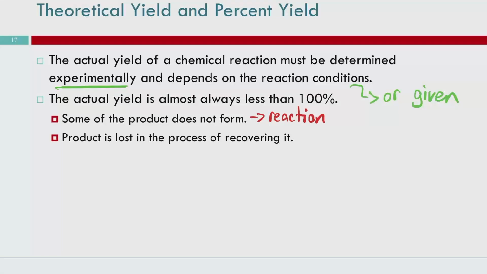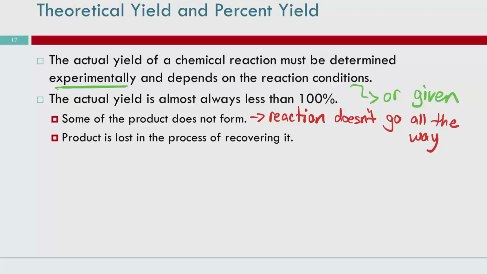Typically this is because some of the product does not form. Our reaction doesn't go all the way. For example, some of it is left unreacted. It's also likely that some of our product is lost in the process of recovering it, because usually we're ending up with a small white powder, and as we're transferring it over, some of it stays behind.